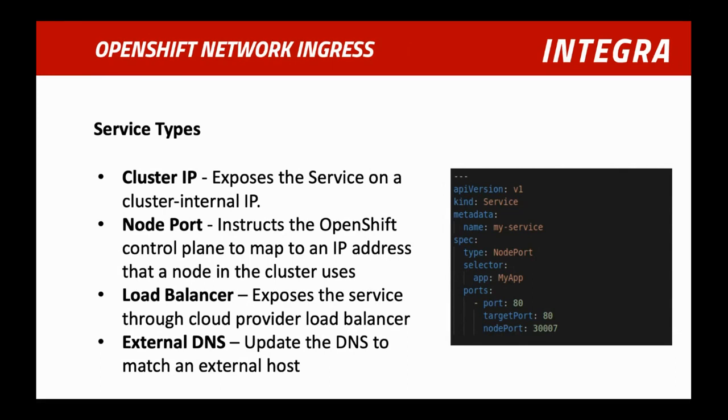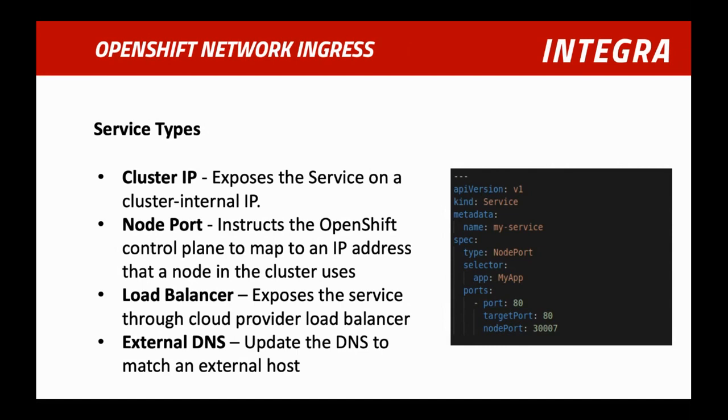Next, we have the node port type. The node port type exposes the service on each node's IP at a static port. A cluster IP service is created automatically, and the node port service will be routed to it. In this case, the administrator will have to manage and keep a list of all the ports that are available on its nodes.